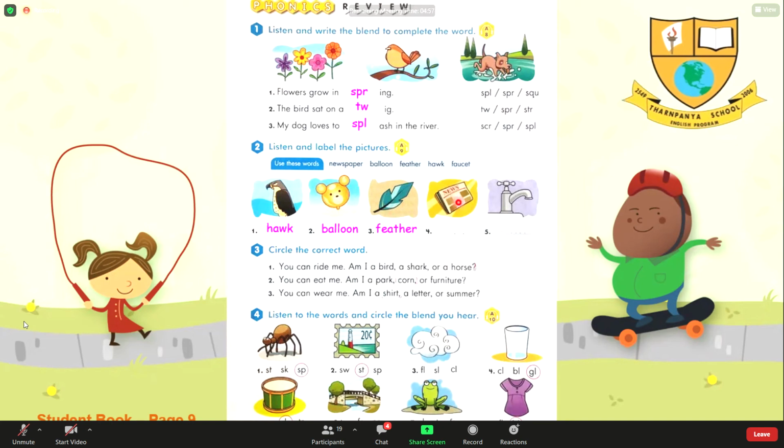Newspaper, right? And last one? What is this? This is a faucet. All right. Again, pay attention to the spelling and make a nice letter.